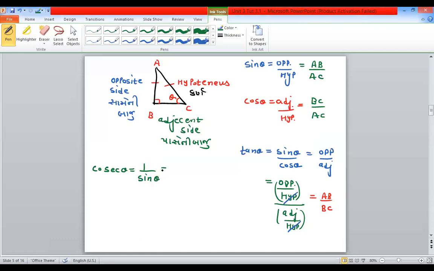Look, student, if you take the reciprocal of sin theta, just change the denominator and numerator. Sin theta is opposite upon hypotenuse; if you take the reciprocal it will be hypotenuse upon opposite.